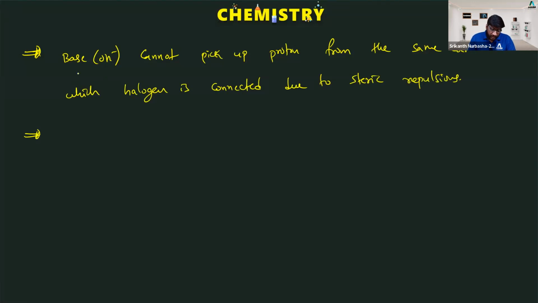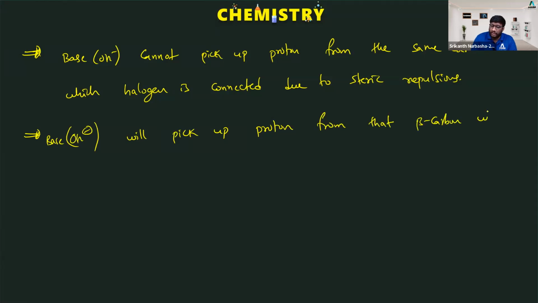Next thing you can think of is, OH minus or base will pick up the proton from that beta carbon which will produce the most substituted alkene.